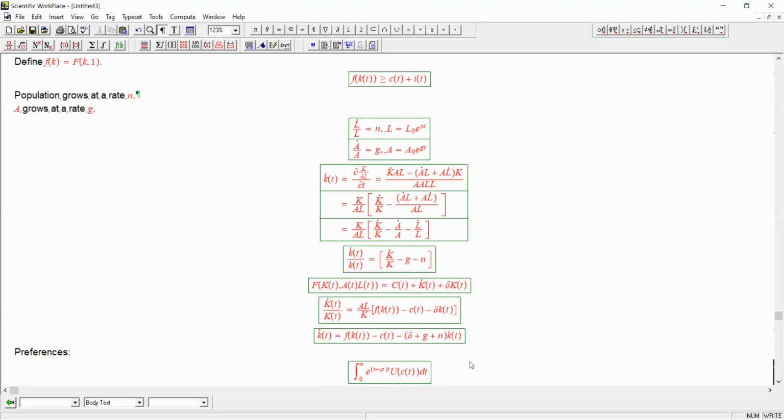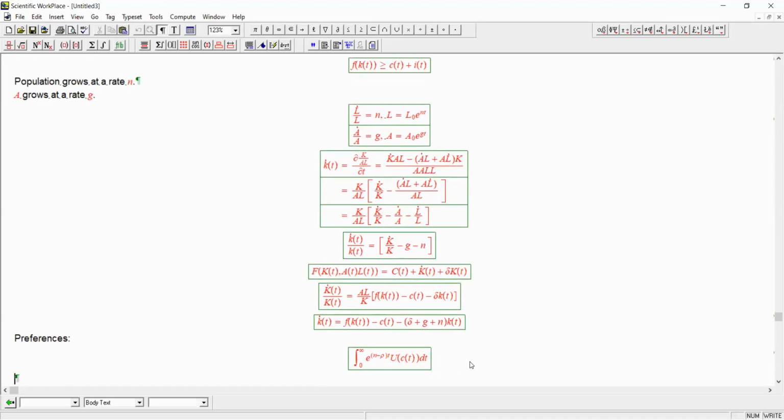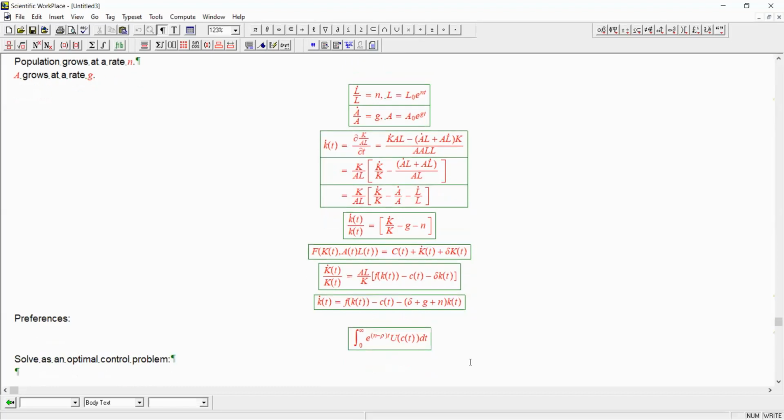Now, finally, let's solve this as an optimal control problem. What do we need to do? All we need to do is write down the Hamiltonian. So to apply optimal control problems, we need to figure out what's the objective function.